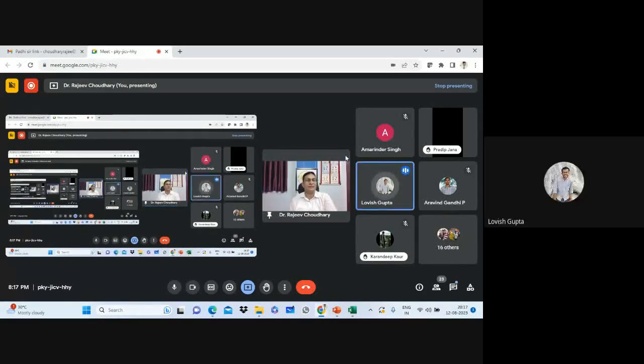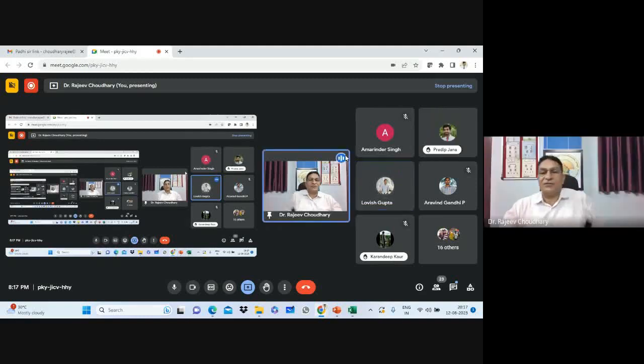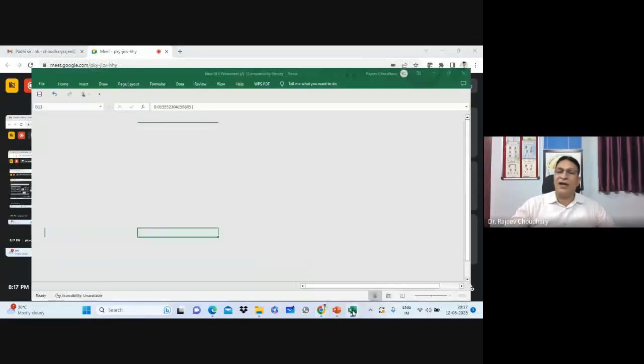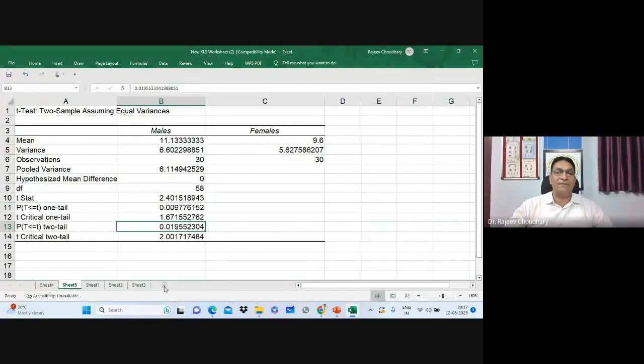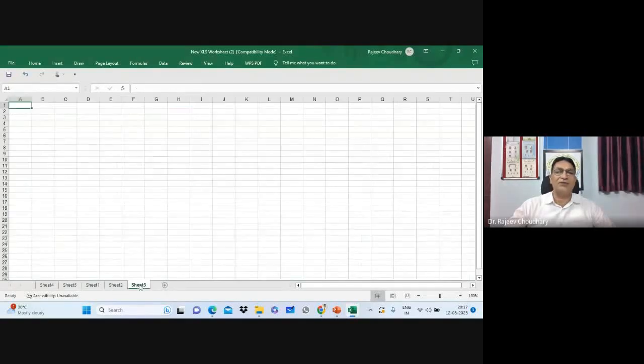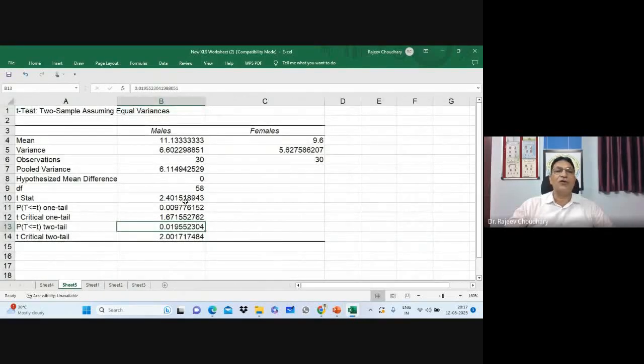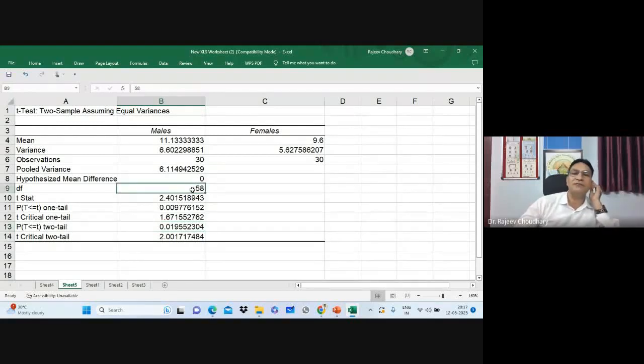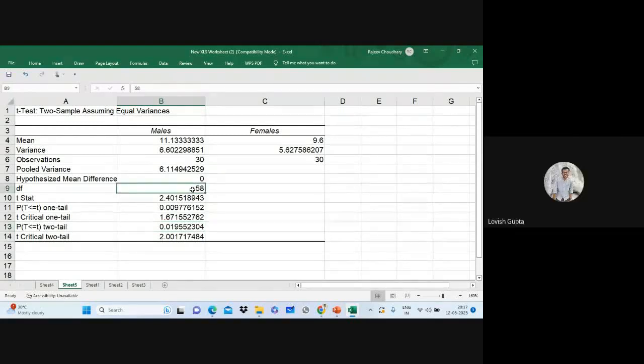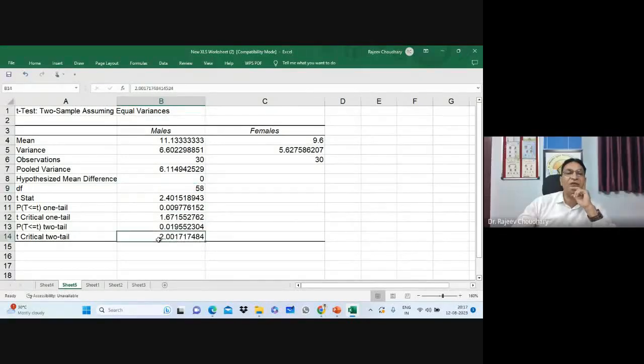Sir, Gupta ji, which is the tabulated value? Yes, good question. We have to see from tables, but look at the output. What is our degree of freedom? 58. And this critical value is known as the tabulated value.